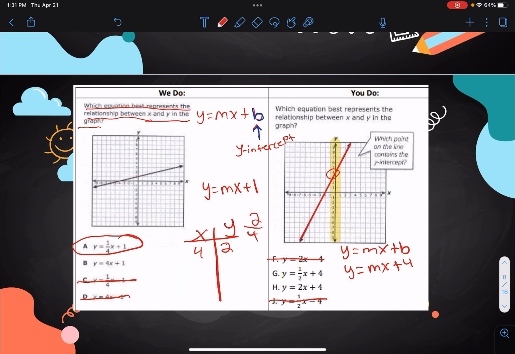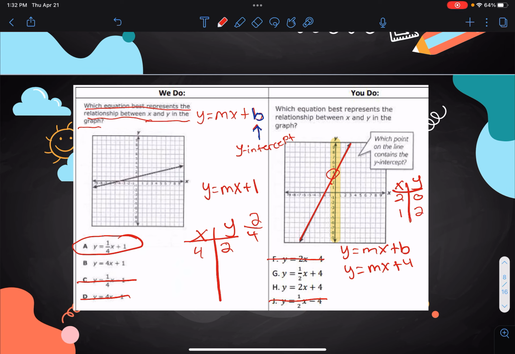So you can do it the way I did it with the X and the Y in creating the table. So like here, our X is 2, our Y is 0. Then here, our X is 1, our Y is 2.